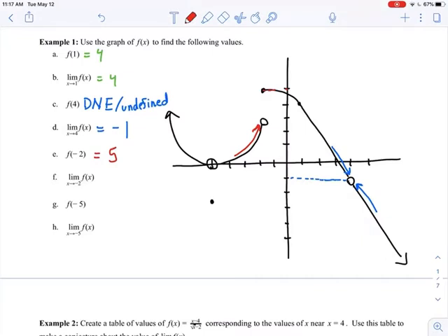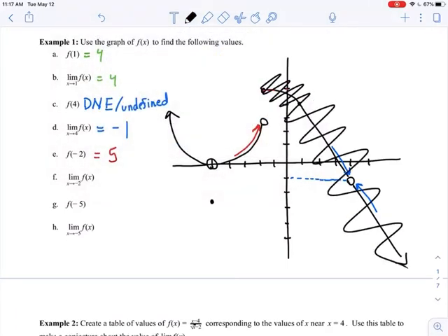I just want to know, where does it look like the function's going from this side? If you were to ignore all of this over here, what would you predict my function to be, even if I didn't know whether that was a point or not? You would say, well, it looks like that's approaching a y value of 3. So it looks like my limit from the left-hand side in this case is 3.